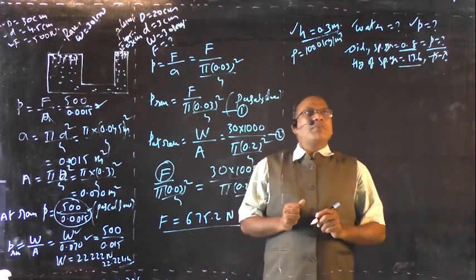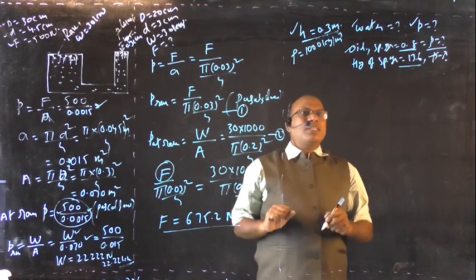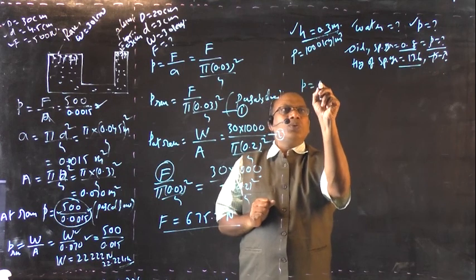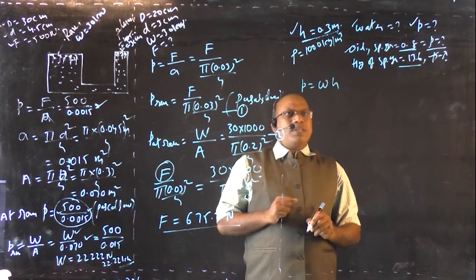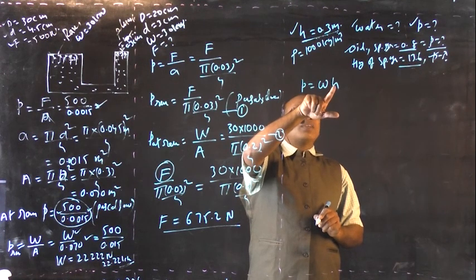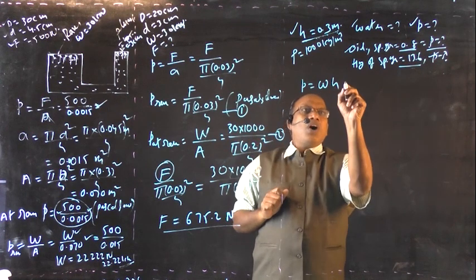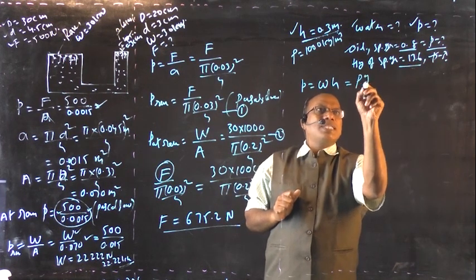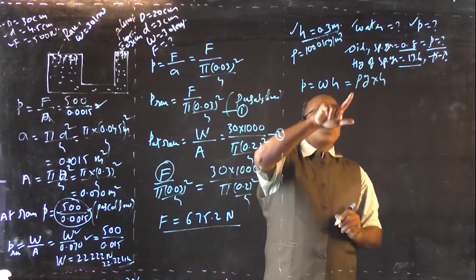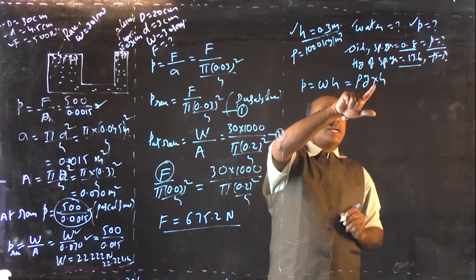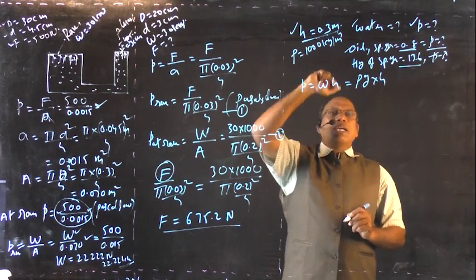First we are going to determine the pressure with respect to water. Standard formula: pressure equal to w H. w is the unit weight of liquid, H is the head or liquid column. Or w is also nothing but rho g into H. Rho is the density of the liquid, g is the acceleration due to gravity, and H is the liquid column.